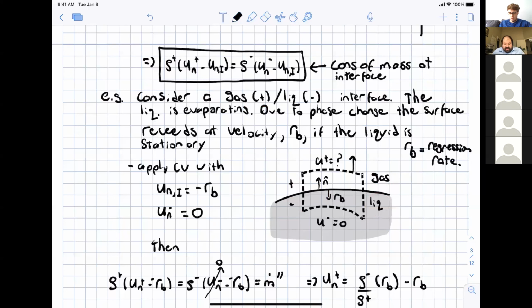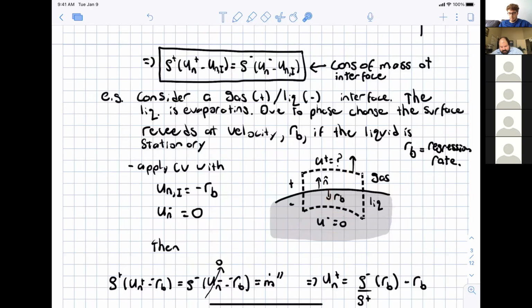Okay, and so I could have called this a burning propellant and said that the surface of the burning propellant is moving down at r_b, and that would also apply. We are also going to assume that the material on the liquid side is stationary.